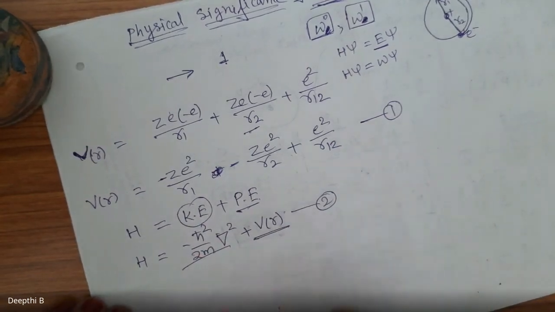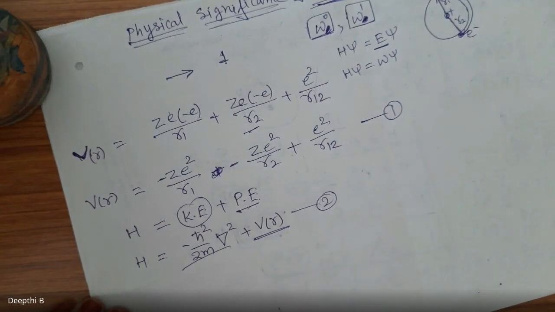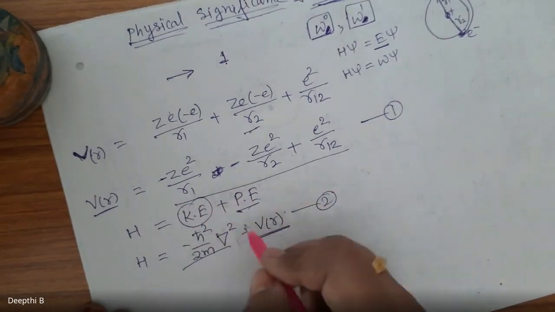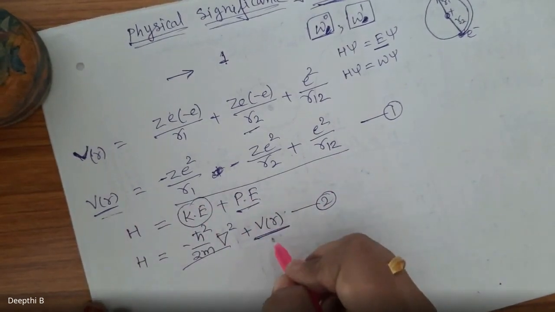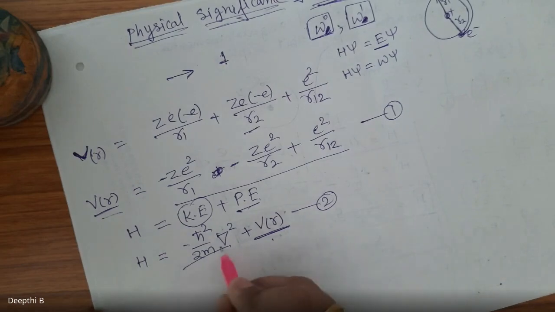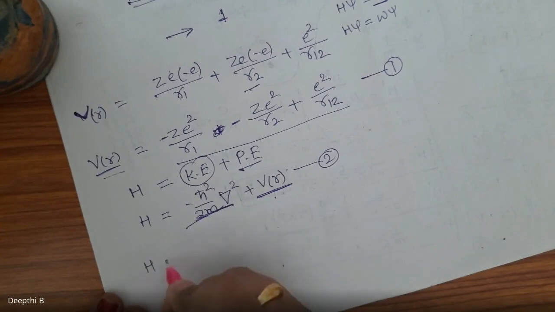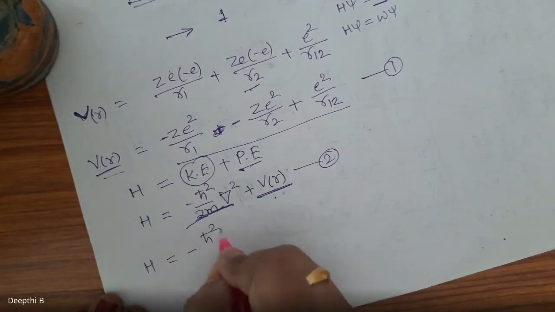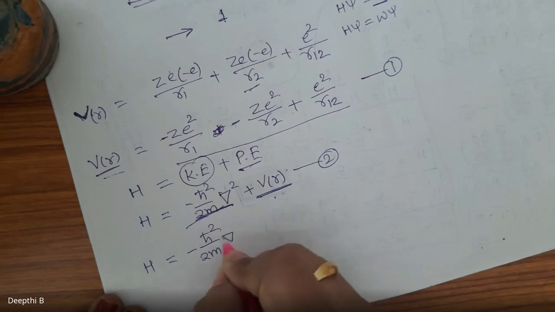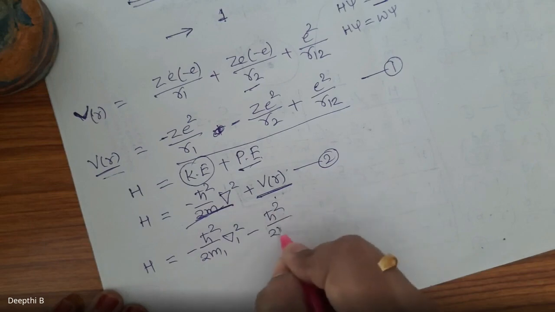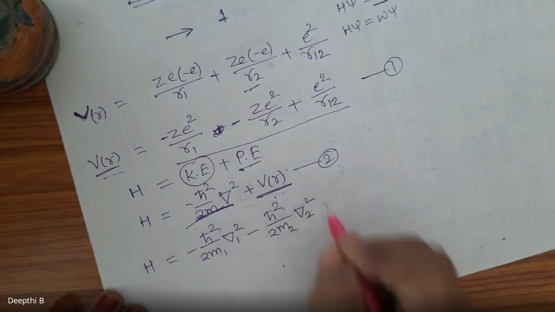Now, for two electrons, we have to see what Vr is here. Vr is this. To put the Vr value in equation 2, how will we put it? Two electrons are there, so we have to write the kinetic term also for the two electrons. So H is equal to minus h cross square by 2m1 del 1 square for the first electron, minus h cross square by 2m2 del 2 square for the second electron.